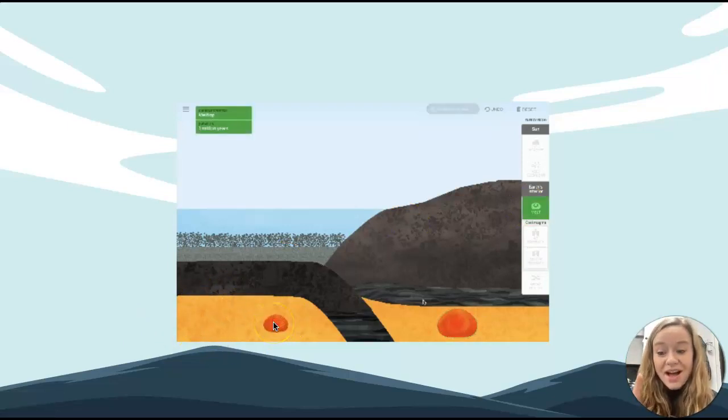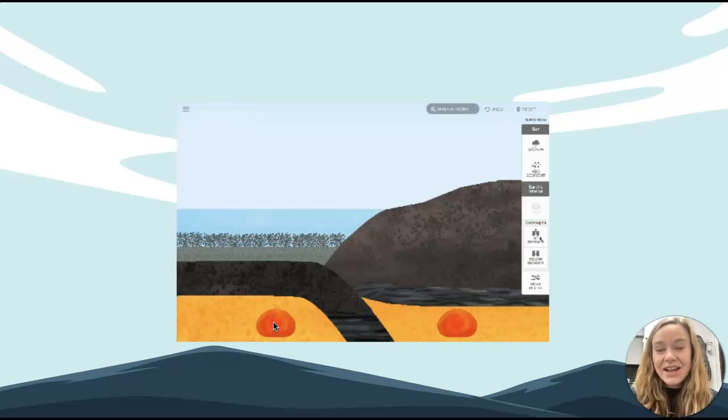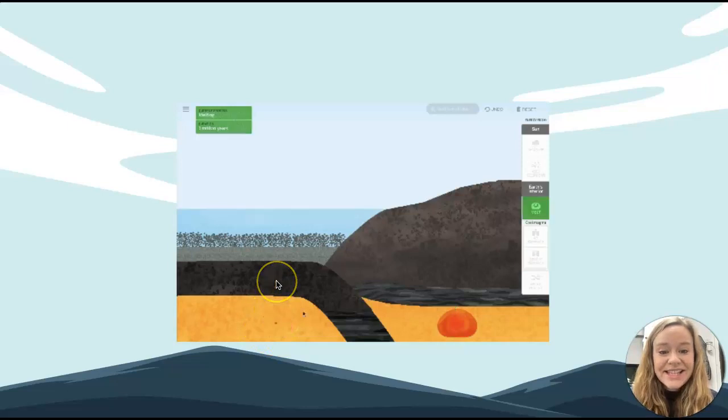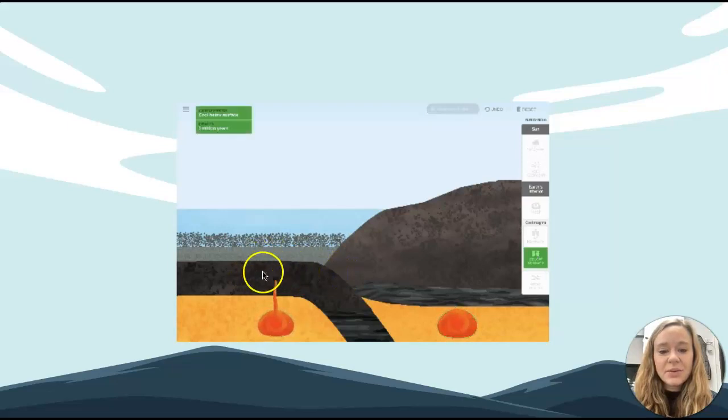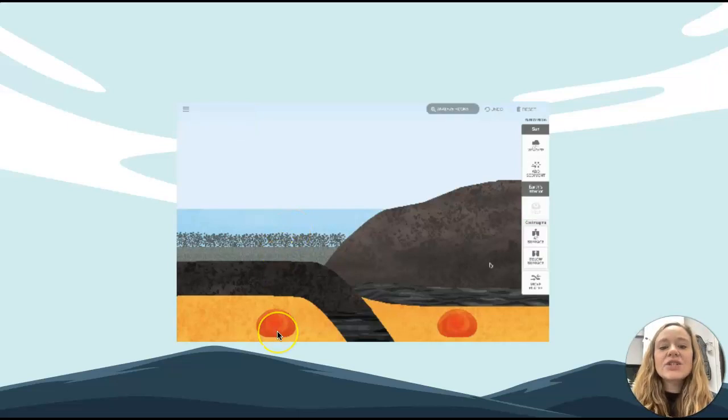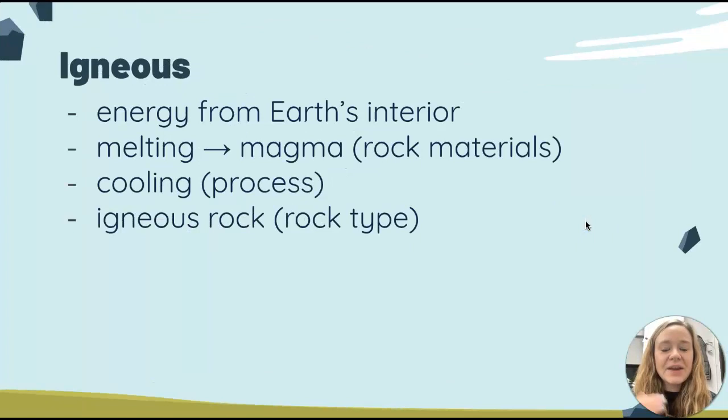So we start with a rock, and then we melt and get our magma. Our magma rises. It can either rise inside into the rocks that are there, or it can rise to the surface. And when it cools, we get an igneous rock. So again, we have energy from Earth's interior, melting, magma, cooling, and then the igneous rock.